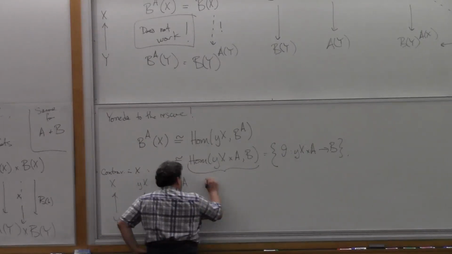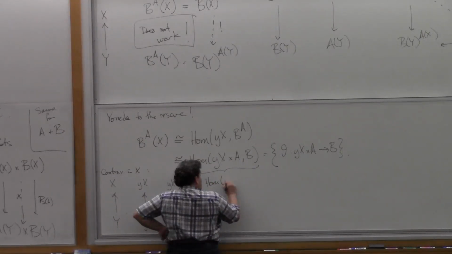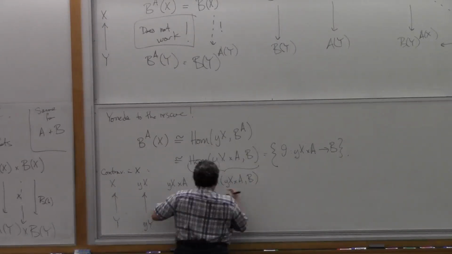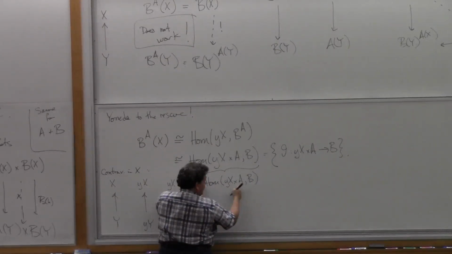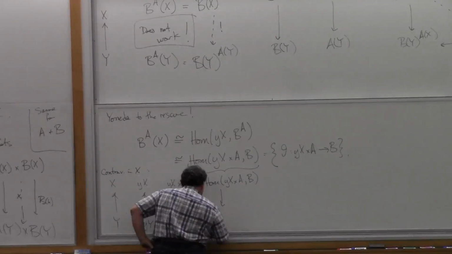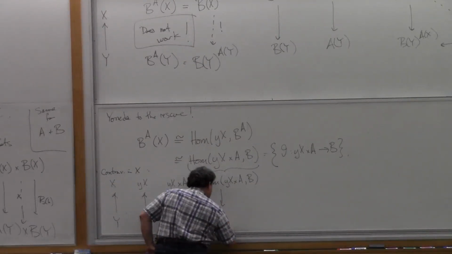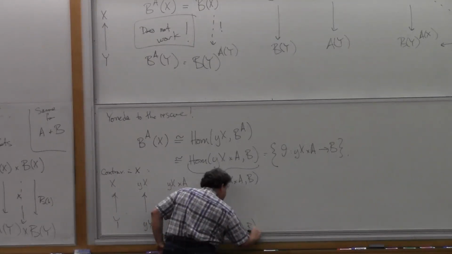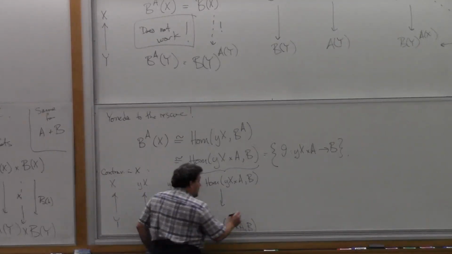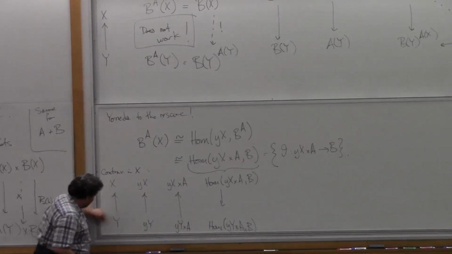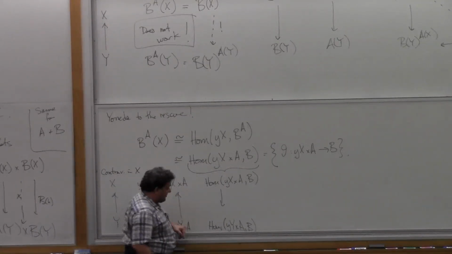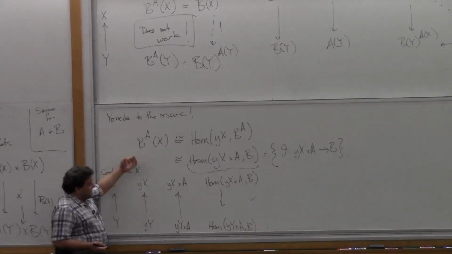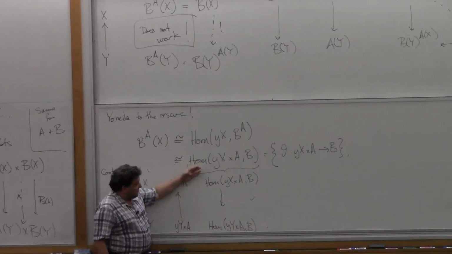So that gives us hom yx cross a, b. This is a contravariant functor in the left-hand argument, so that gives us this, hom y cross a. So yes, good. It's a contravariant functor of x. If y goes to x, this thing goes to that thing. So we're done.